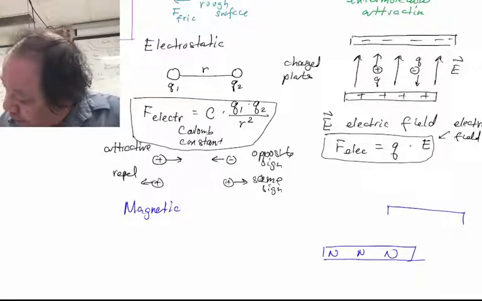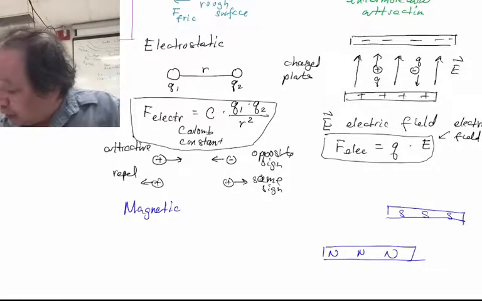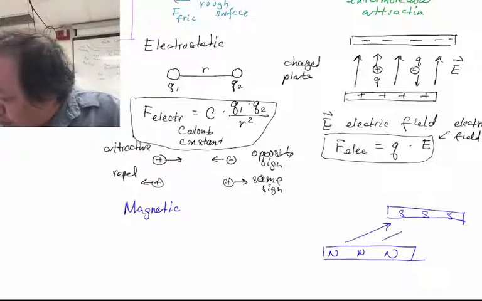I put the north pole in front and the south pole in back. And there is a magnetic field that points from the north pole to the south pole. B, the magnetic field.